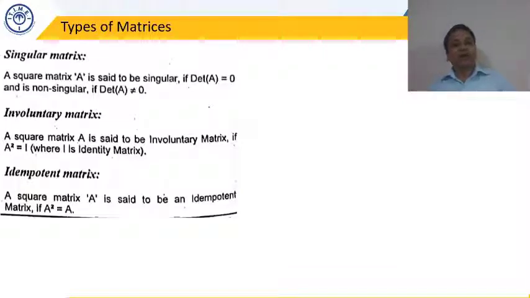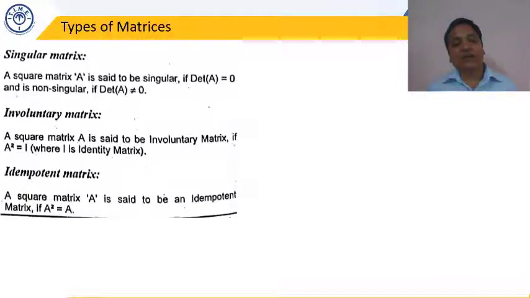It's 1 0 0 1 or 1 0 0 0 1 0 0 0 1, 3 by 3, 2 by 2, depending upon the order of the A matrix. So an involutory matrix is a matrix which when multiplied by itself generates an identity matrix.